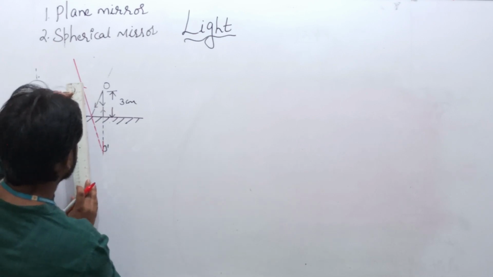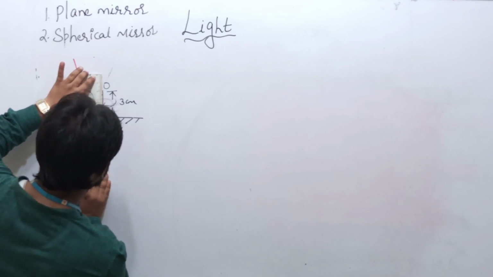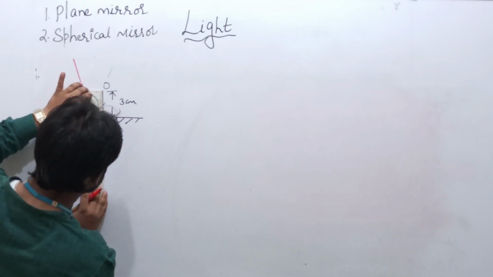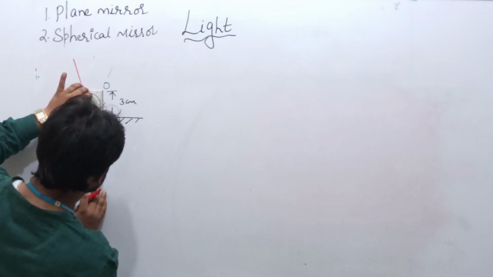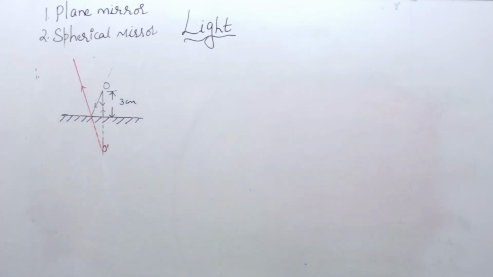So if the object is 1, 2, 3, then here. Is that clear?